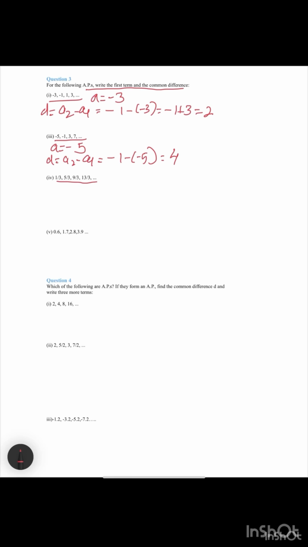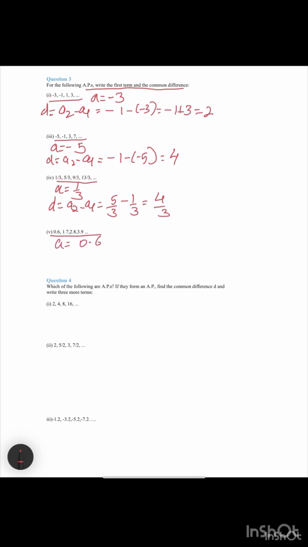Again in this case, the first term A is 1 by 3. D over here is A2 minus A1, which is 9 by 3 minus 5 by 3. Simplifying them, we will get 4 by 3. So over here, my A is 1 by 3, D is 4 by 3.